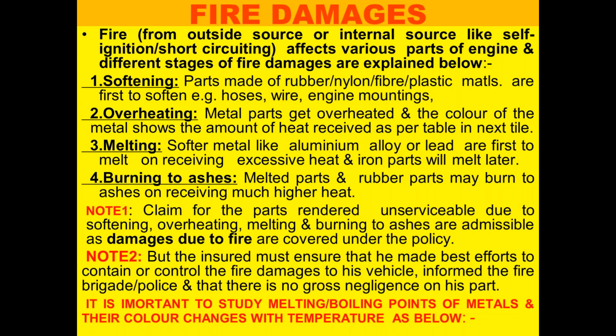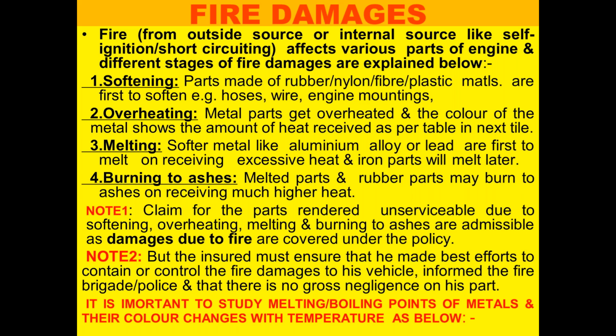Fire damages. Fire from an outside source or internal source like self ignition or short circuiting affects various parts of the engine, and different stages of fire damages are explained below. Softening. Parts made of rubber, nylon, fiber, plastic materials are first to soften, like hoses, wires, engine mountings. Overheating.